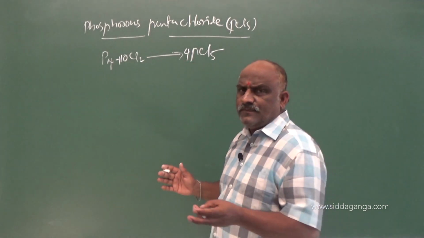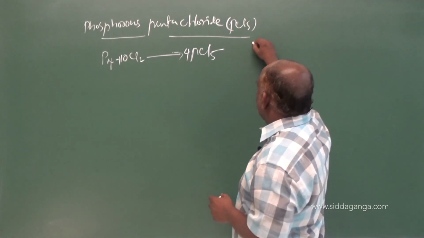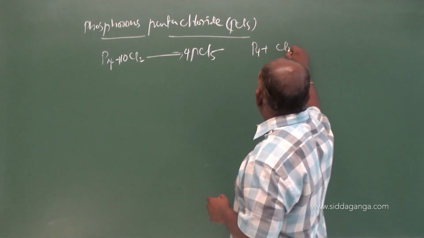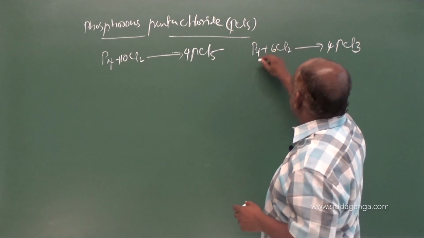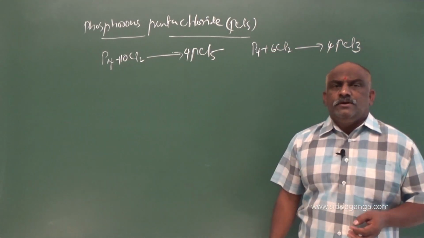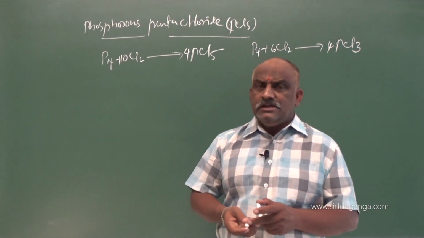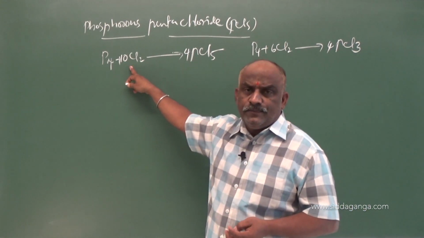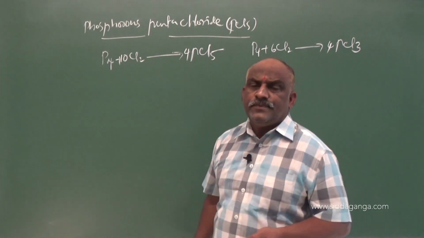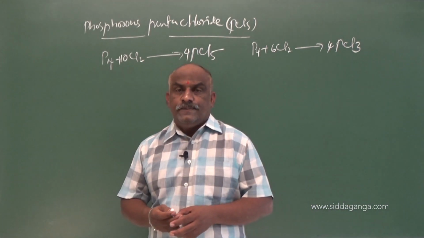Just give a look to this. P4 plus 6 Cl2 gives rise to PCl3. If the number of chlorines is 10 Cl2, then it becomes phosphorus pentachloride.